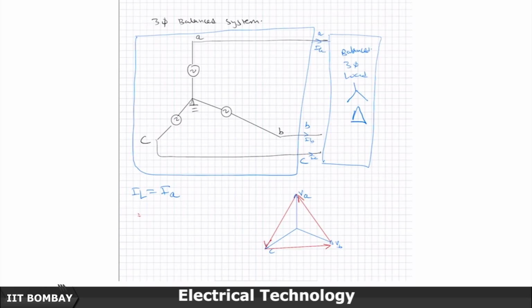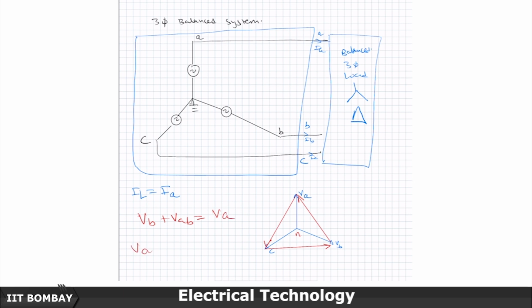So, VB, this is my ground or neutral. So, VB plus VAB, the line voltage, will give me the voltage of the A phase VA.